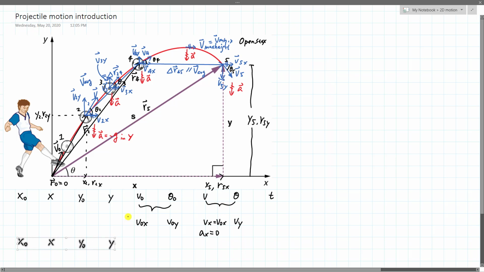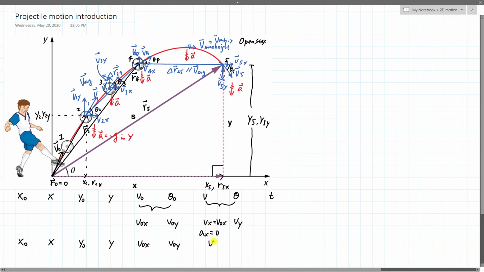Okay, so what I want here is a list, right? Just like in the previous time, I had a list. So I would have initial positions in x and y, final position in x and y, initial velocity in x and y, and then I don't have to have a final velocity in x, because that's the same as initial velocity of x.